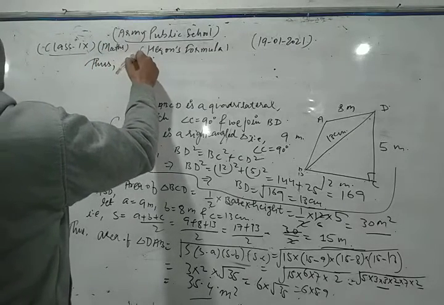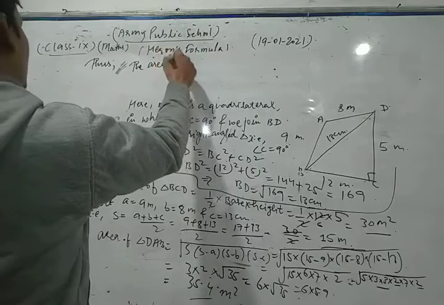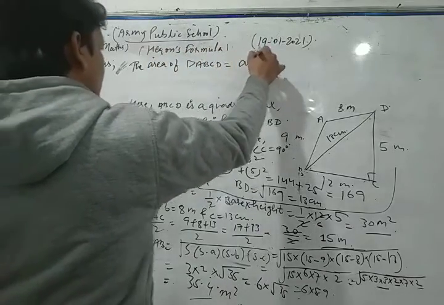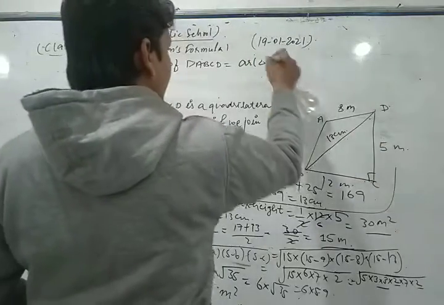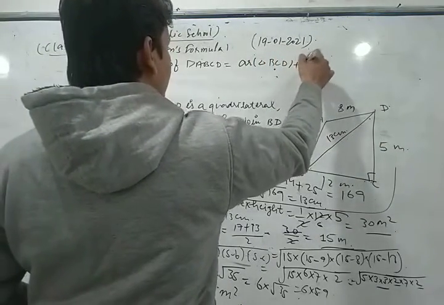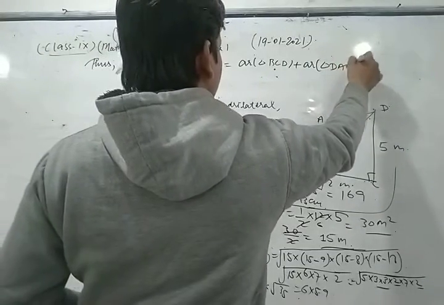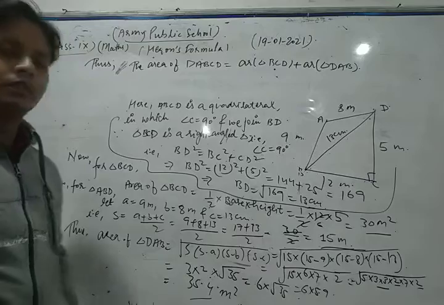Thus the area of quadrilateral ABCD is equal to area of triangle BCD plus area of triangle DAB.